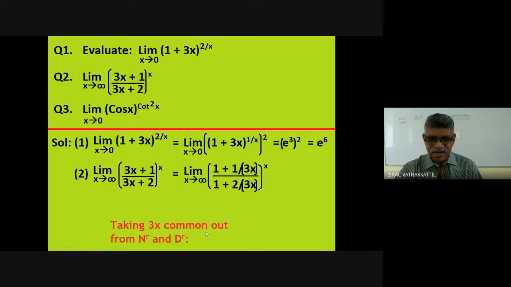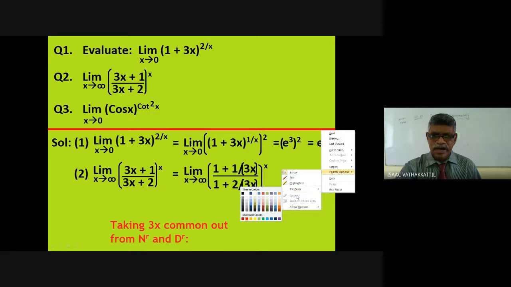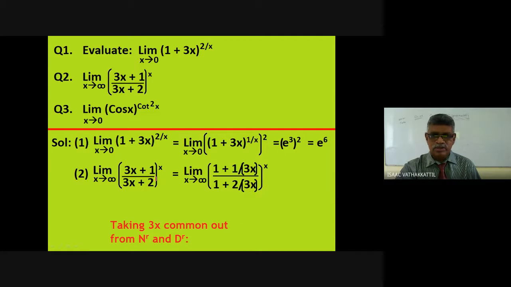Are you getting this step? Here I divide with 3x, here I divide with 3x. Here I get 1 plus 1 by 3x, and here I get 1 plus 2 by 3x.